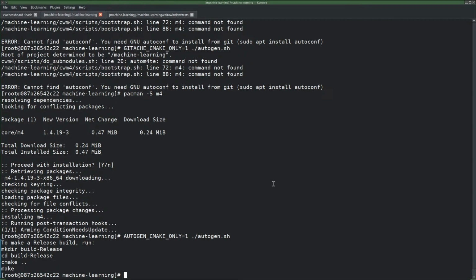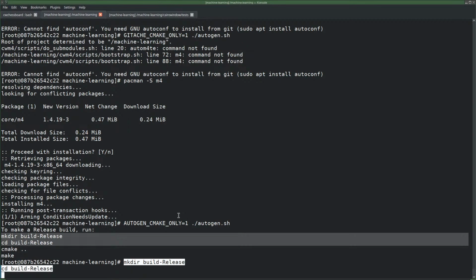I guess that worked. Didn't do much though. Just prints this, which is not good. To make a release build, run da da da da. No, I don't want that. To make a debug build. Yeah, but I don't need autoconf. I just want to use CMake. So now it's telling me to run CMake, okay, which is kind of annoying, but yes.